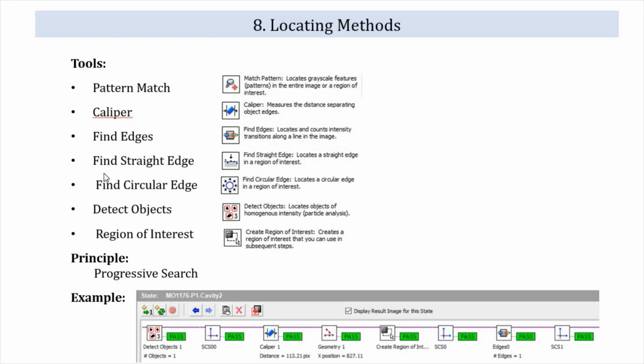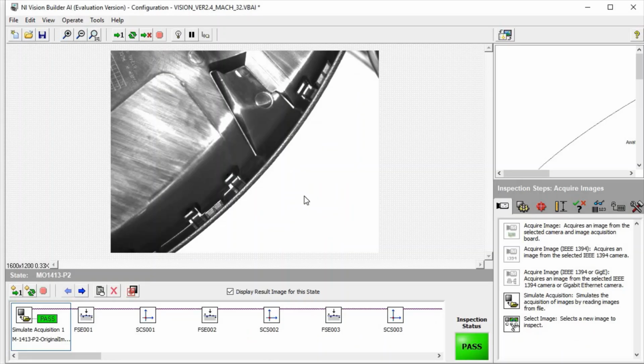The next tool on the list is the Find a Straight Edge tool. In this example, we're going to detect if there's any shot on the top of this rib. But first we have to locate where the feature is. It is not easy to find the location of this feature directly.